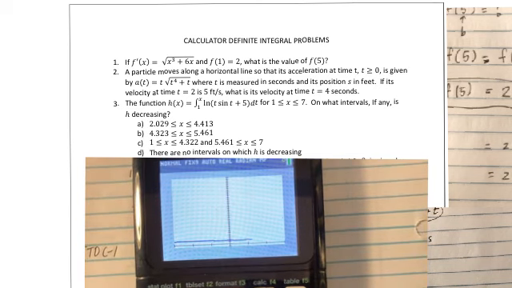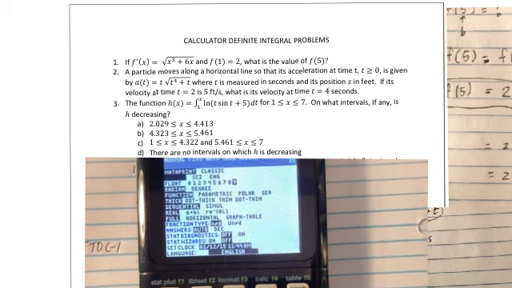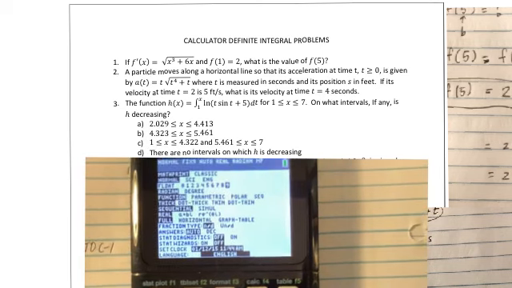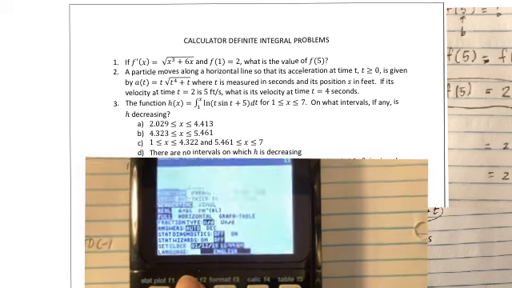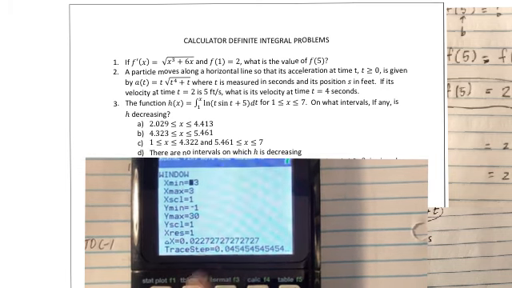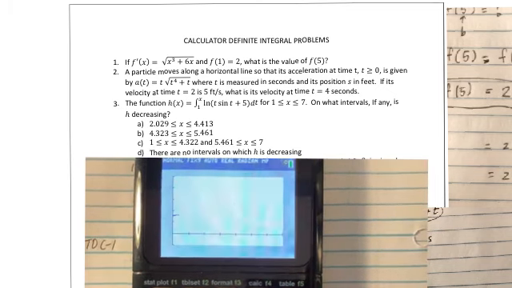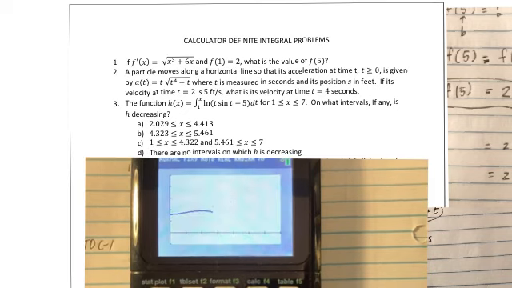I am seeing something, but you always want to adjust your window and all that good stuff. Let me double check that I'm in radian mode. Yep, I'm in radian mode. And then also, let me just make this window better. Whenever the question gives you a domain, make your window equal to the domain, right? So I'm going to put in 0 and 7 for my domain. I feel like that graph was really low, so I want to reduce my y max a good bit to maybe 5, and then I'm going to check it out, and that looks much better.